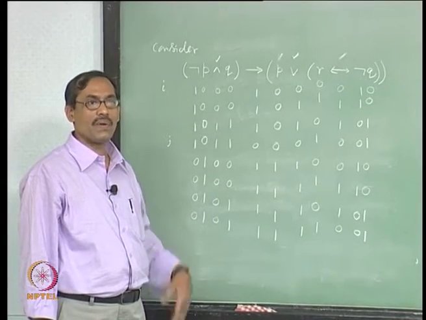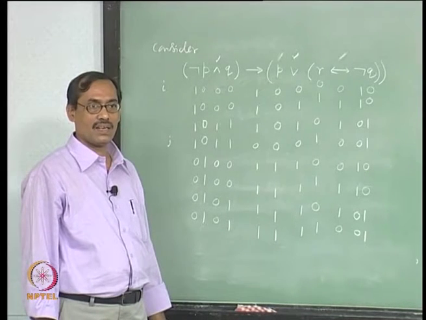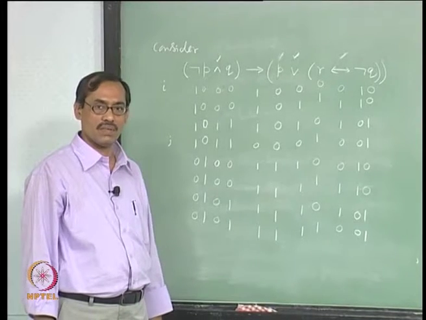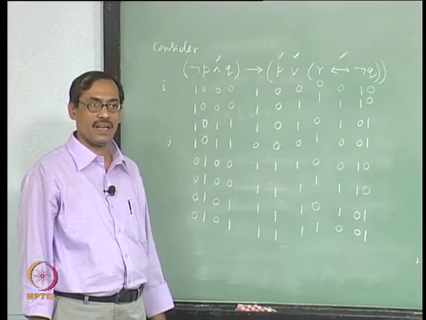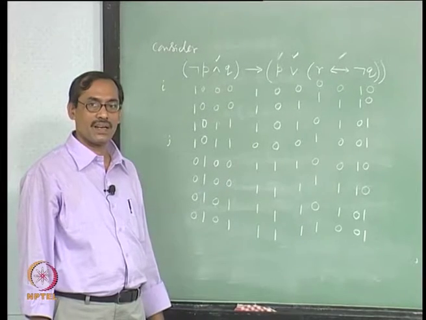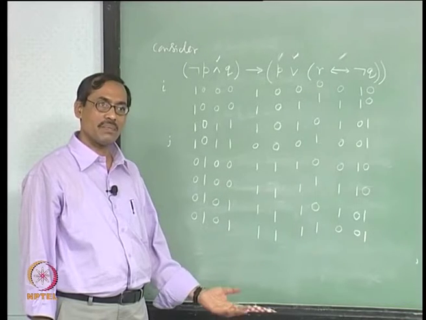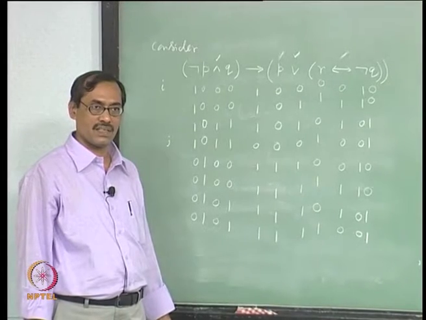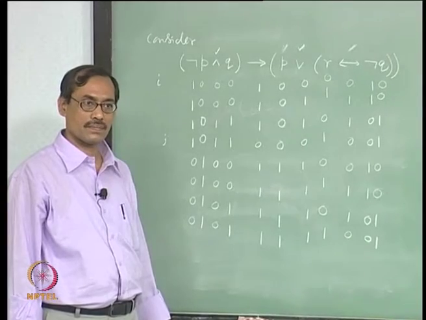Fine. If you go back to our definition of models, it says one Boolean valuation I is a model of a proposition W if I of W equals 1, fine. Due to the relevance lemma we can say that instead of Boolean valuations only interpretations can be used. So, you may say a model of a proposition is one interpretation which satisfies the proposition, fine.